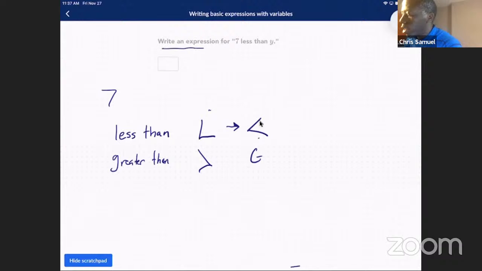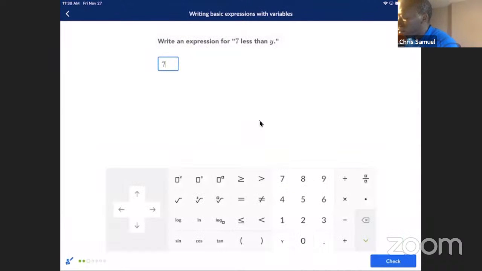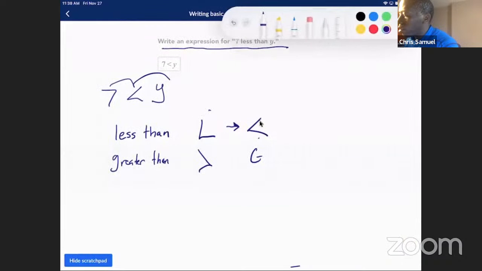So we go here, it says write an expression for 7 less than y. We would go like that: 7 is less than y. Oh, wait. Maybe that's not what they're saying.